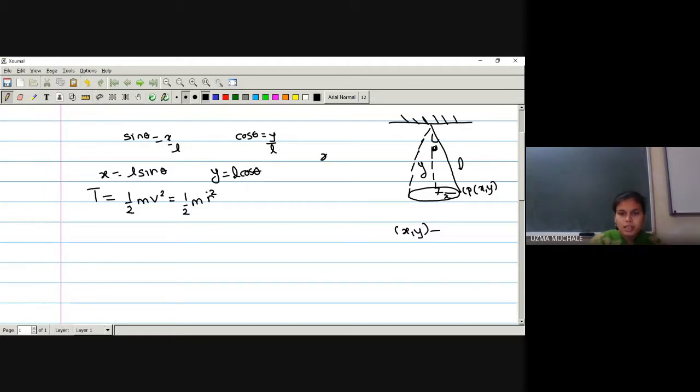That means x square plus y square is equal to L square. So the Cartesian coordinates x and y are dependent and related by this equation. We can call it one geometric restriction or constraint equation.